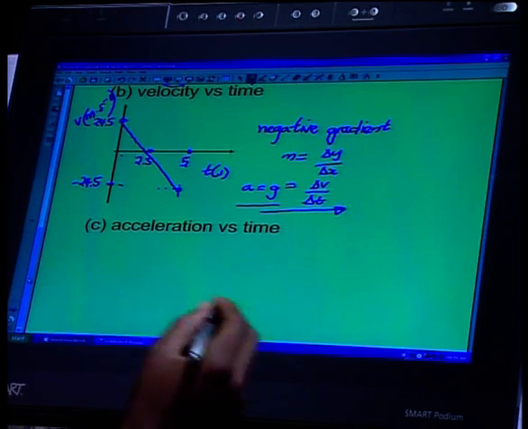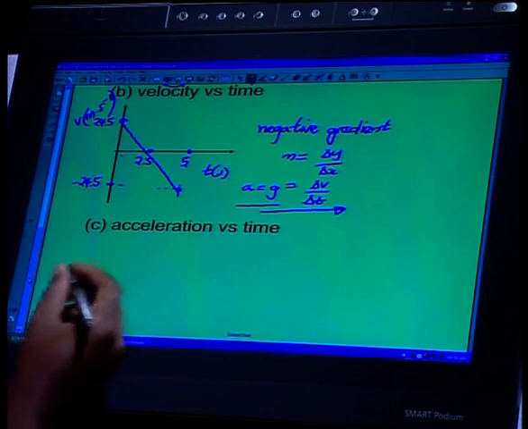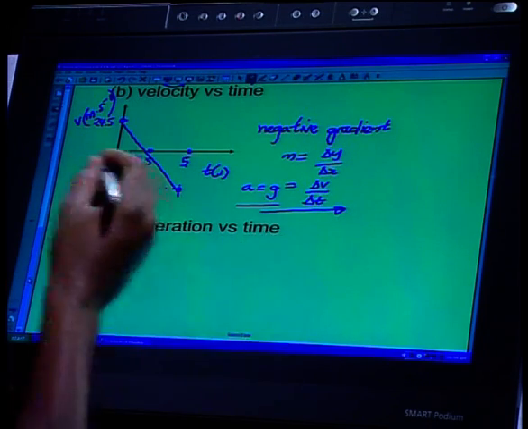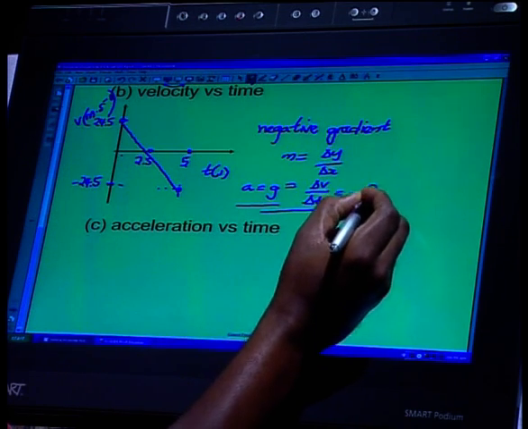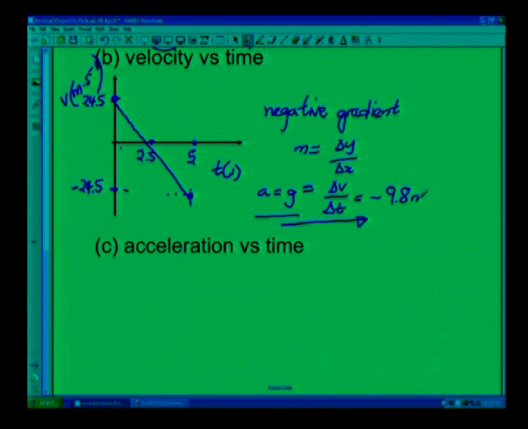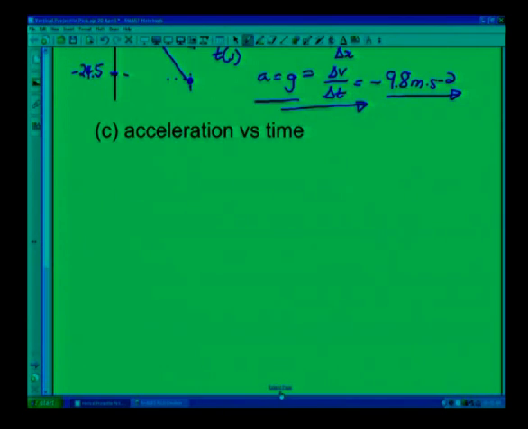Now, the last one, acceleration versus time. If we calculate that, we get the minus there. So it is minus 9.8 meters per second squared, as we know it. And then how do we draw that graph here? Again, to draw graphs, we need axes.